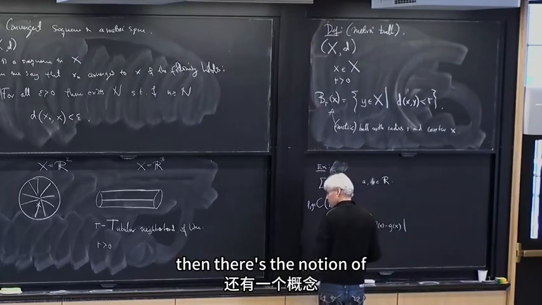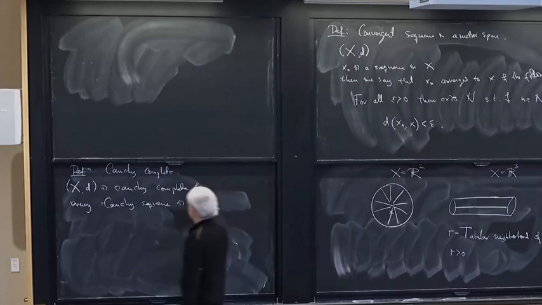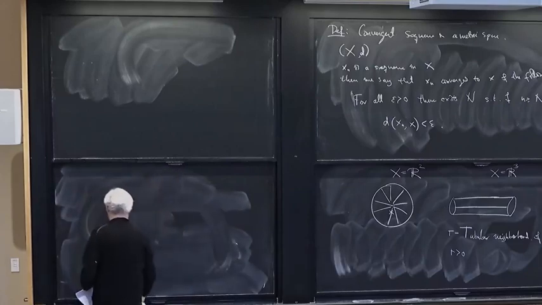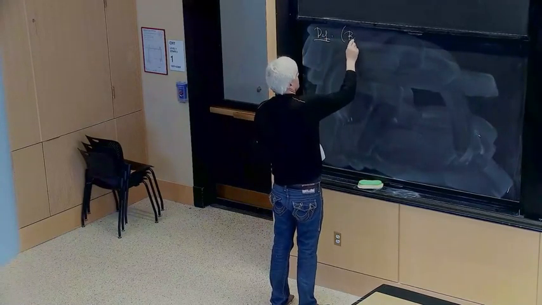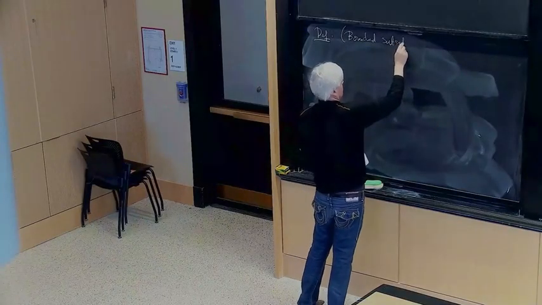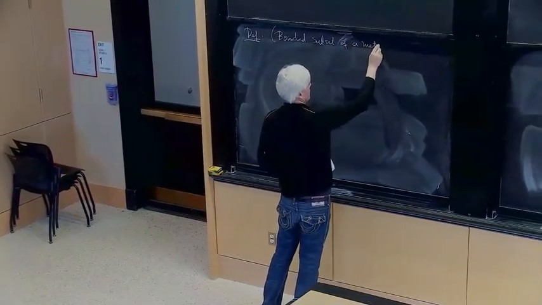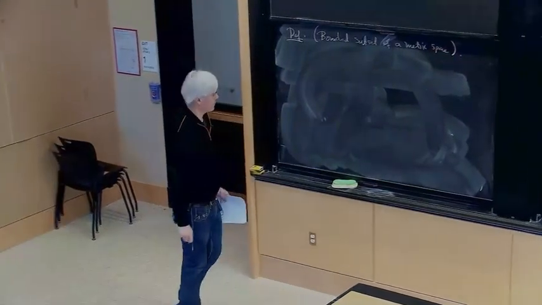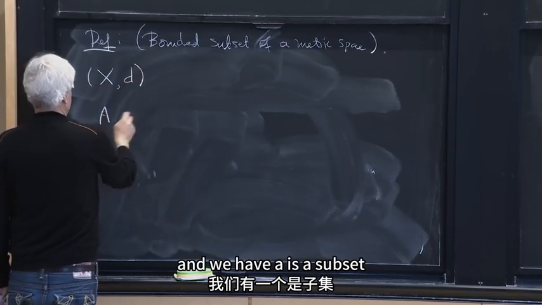Then there's the notion of a subset of a metric space being bounded. This is another definition: a bounded subset of a metric space. We have a metric space, and A is a subset.